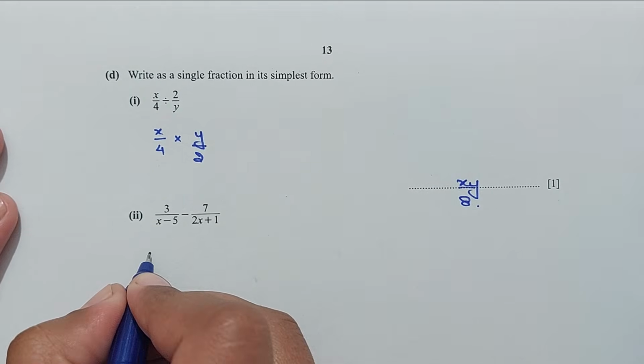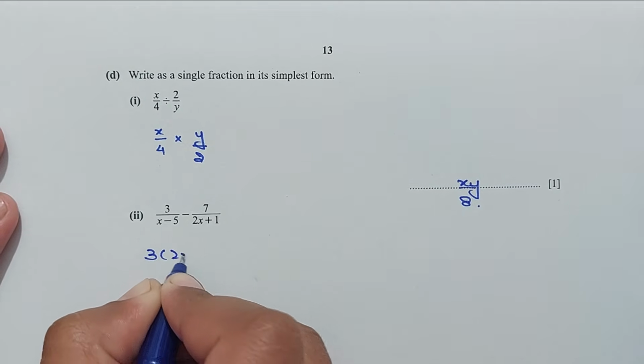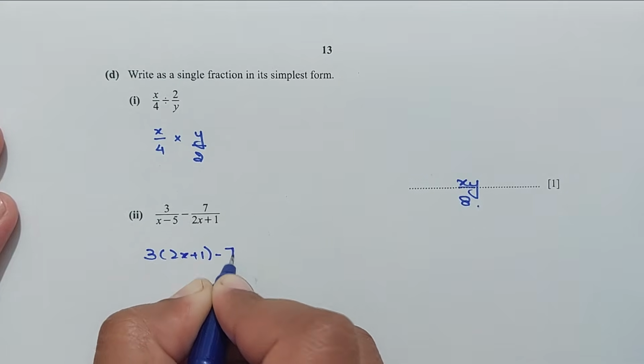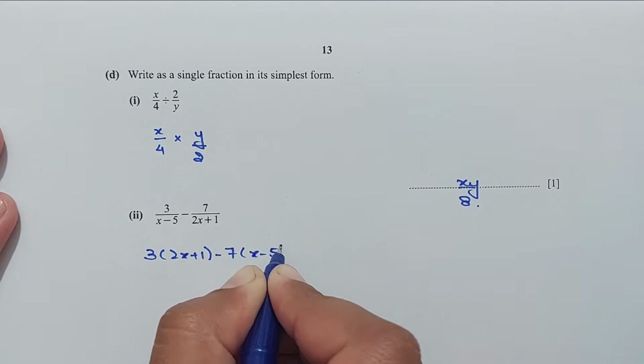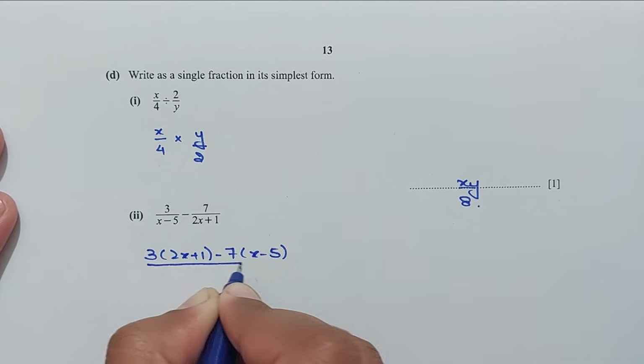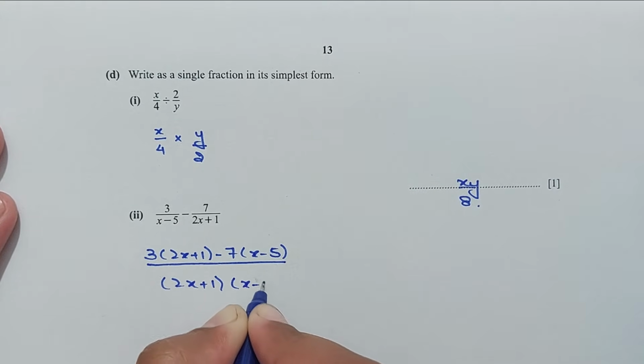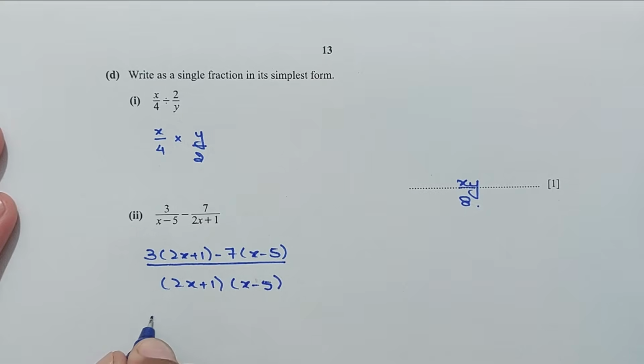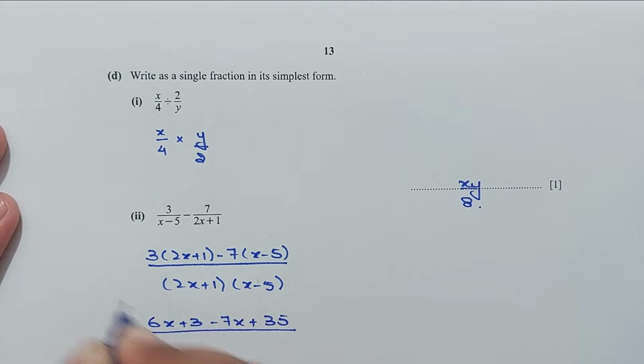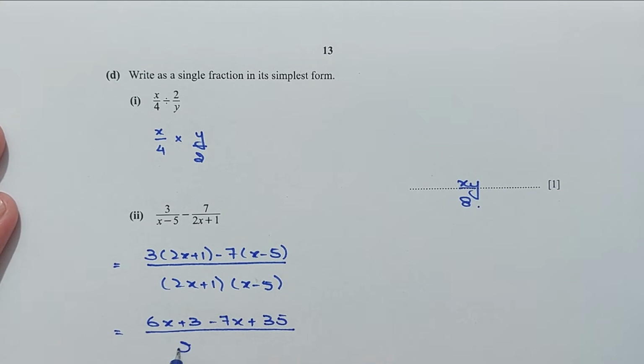Number 2, cross multiplication, 3 into 2x plus 1 minus 7 into x minus 5, divided by 2x plus 1 into x minus 5. So 6x plus 3 minus 7x plus 5 times 7 is 35 out of 2x plus 1 into x minus 5.